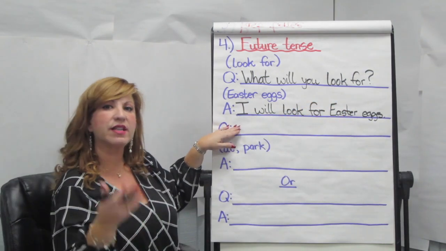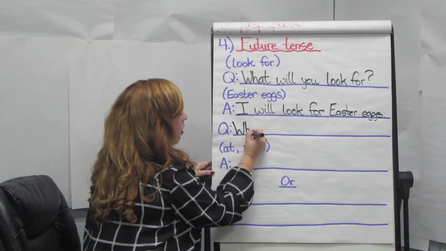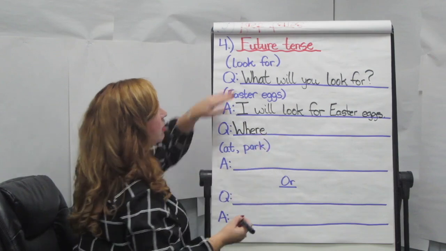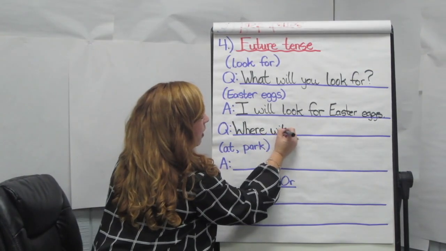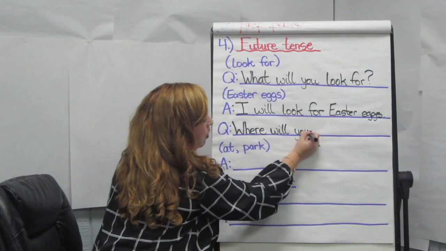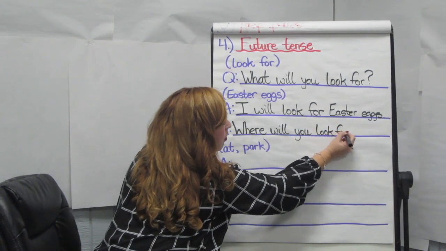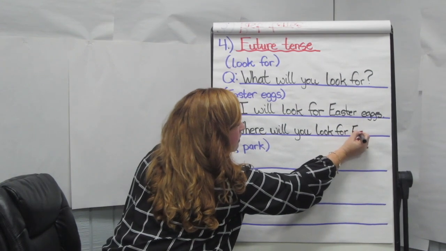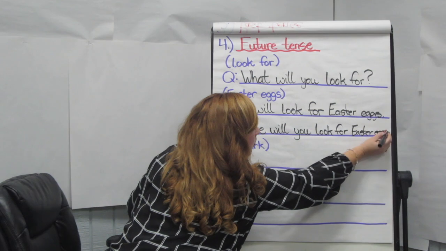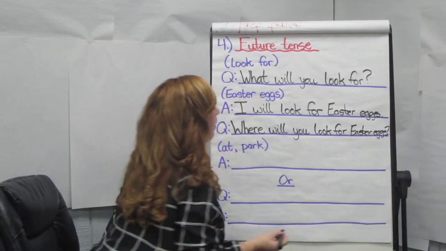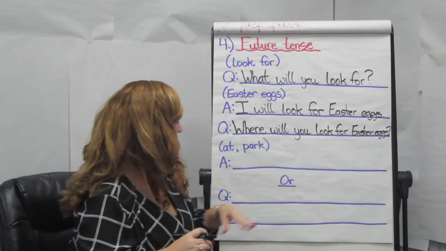So now let's go to the where question. Where, and again, it's still in the future tense, where will you look for Easter eggs? So where will you look for Easter eggs?